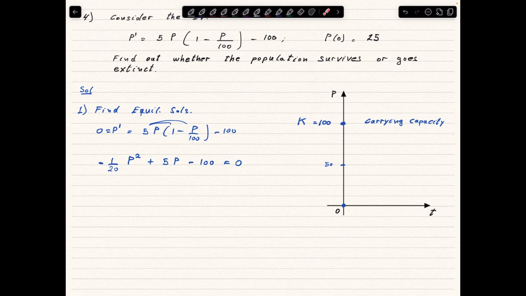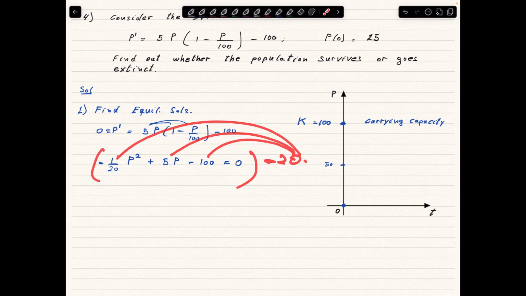Before trying to compute the roots of this parabola with the formula we have used earlier, it's a good idea to get rid of these fractions by multiplying everything by negative 20. Calculations are going to be easier if we don't have fractions in it. So we multiply everything by negative 20. The negative 20 goes here, goes there, and goes there. When it goes here, it cancels out. And here we are going to have 5 times negative 20, so negative 100.